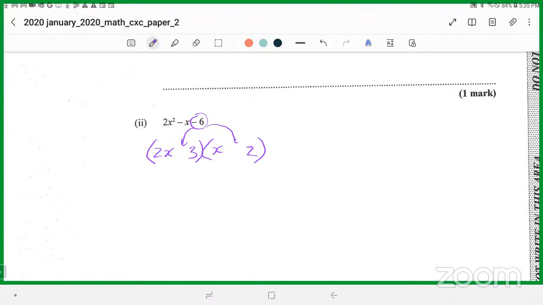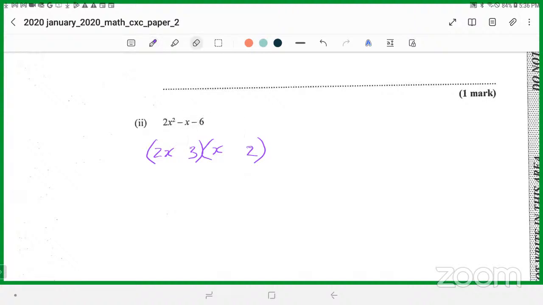It also means that it is the difference between the far product and the near product that gives me the middle term. Because this is negative, there are two different signs in the bracket. One will be positive and one will be negative.